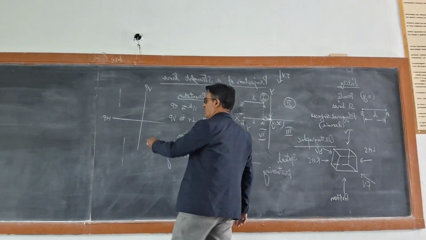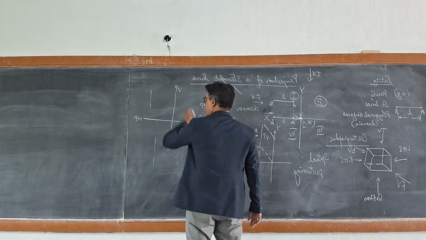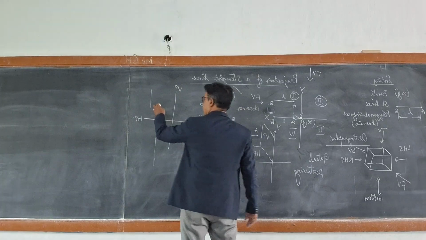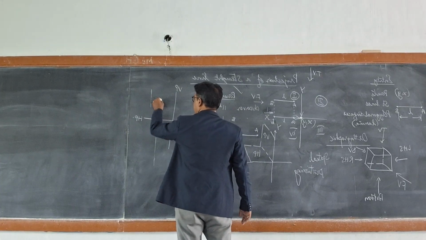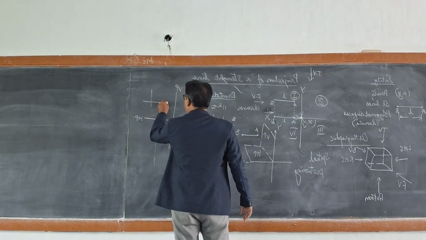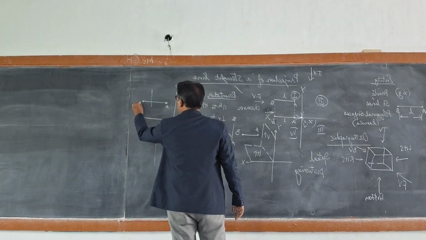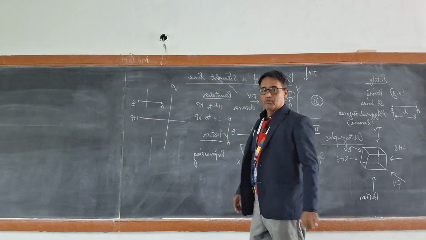So normally what happens is, you have this horizontal plane and vertical plane, then you have a line positioned like this, point A, point B. Now, what is referencing?